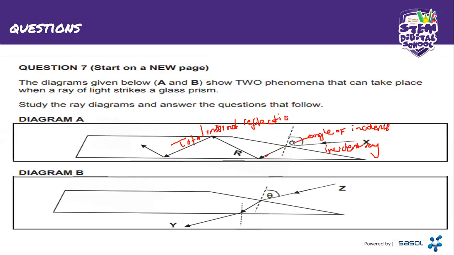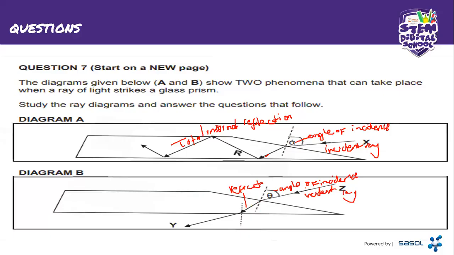Are we together? Then in diagram B, I see my incident ray, the one that strikes the surface. And then I also see my angle of incidence because it is between the normal and the incident ray. And then I see the ray that is being refracted. So we know it is the refracted ray.